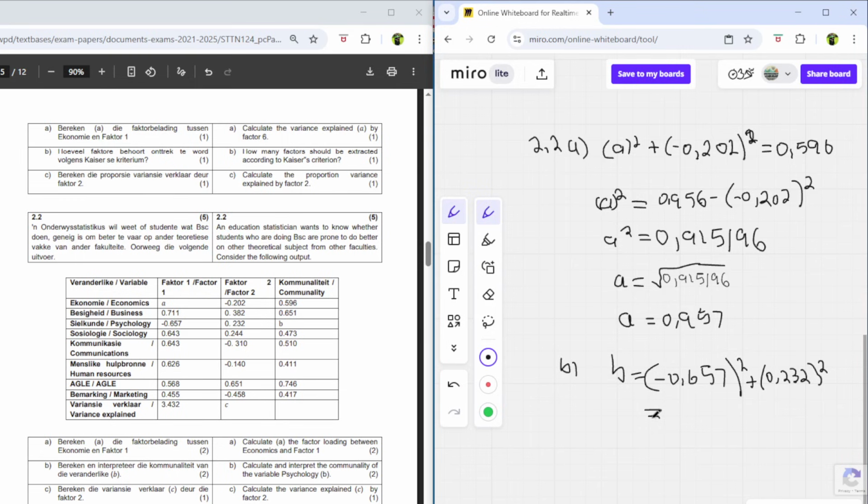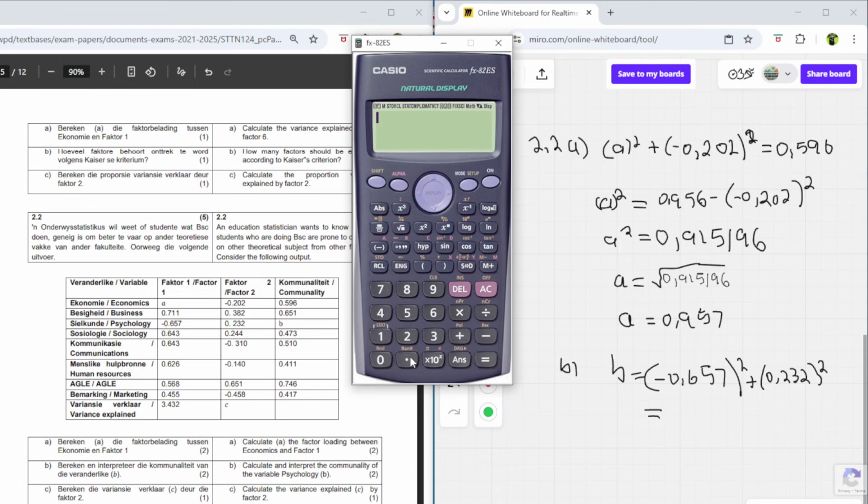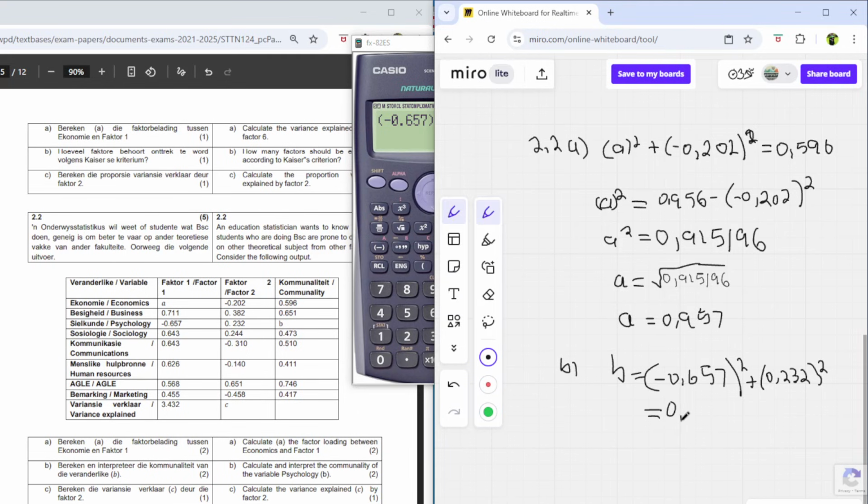You go to a calculator and say minus 0.657 squared plus 0.232 squared, and that equals 0.485.